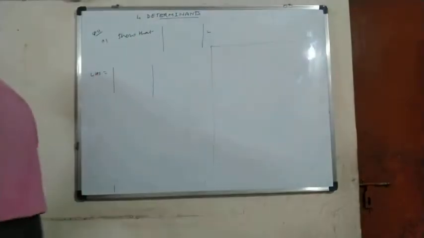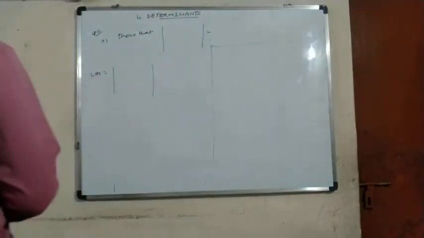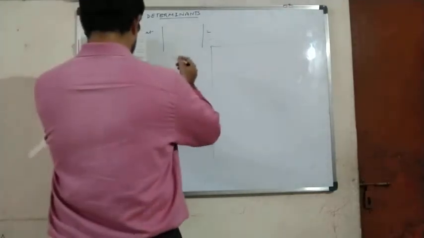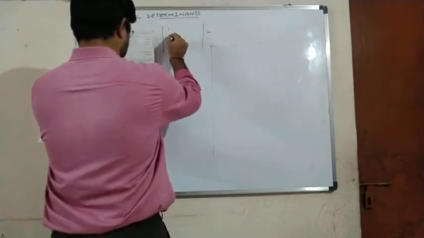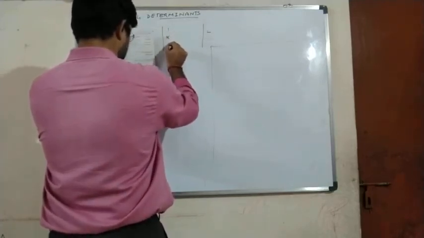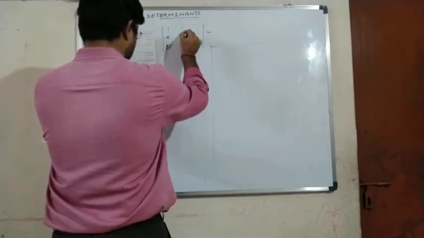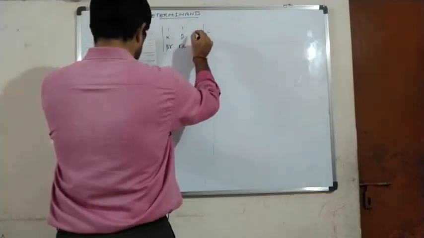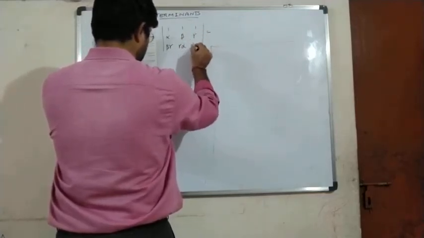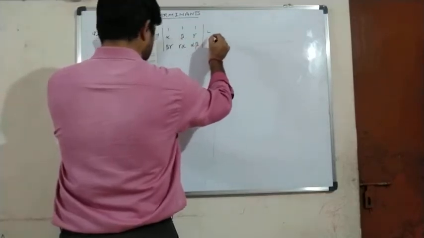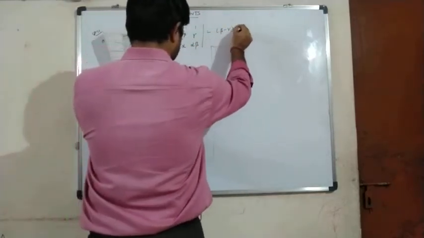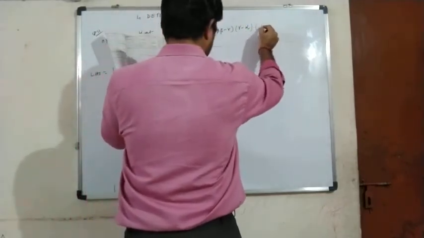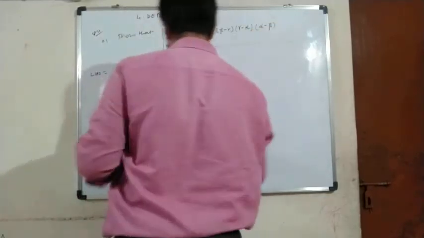Okay, here we are given to prove that the determinant 1 alpha beta gamma, 1 beta gamma alpha and 1 gamma alpha beta is equal to beta minus gamma, gamma minus alpha and alpha minus beta. Okay, this we have to do.